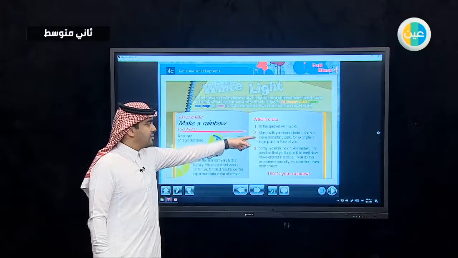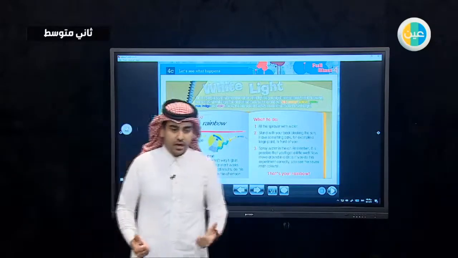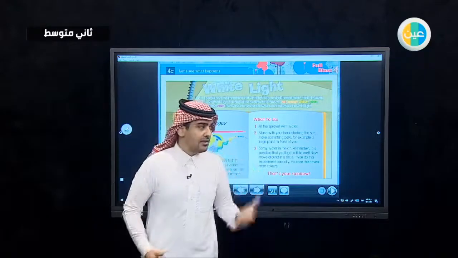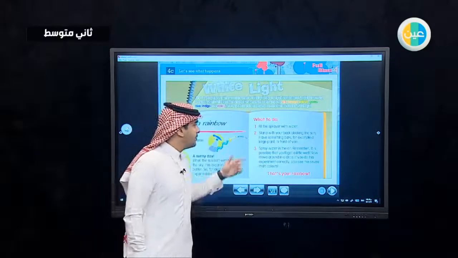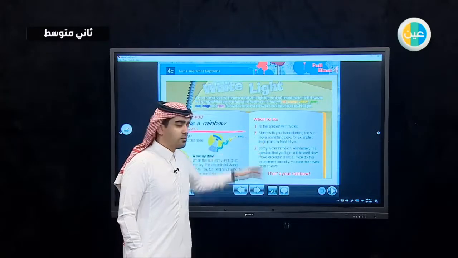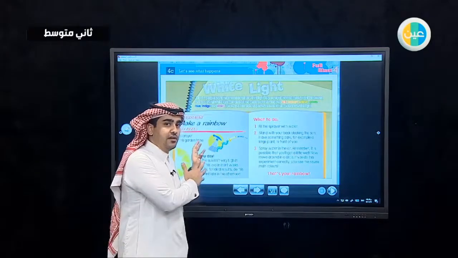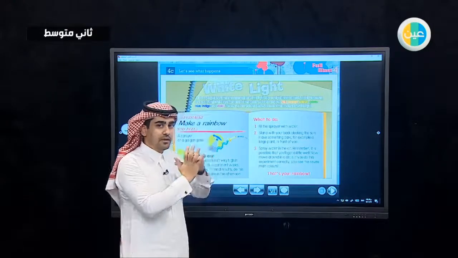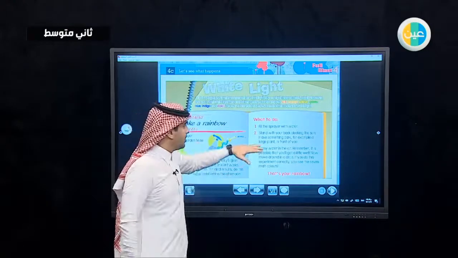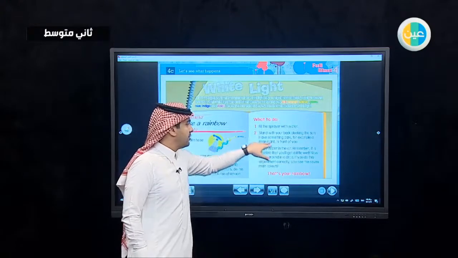The second step is to stand with your back to the sun, and the sun should be behind you. For example, put something to block the sun. Block means to prevent the sunlight from coming. Block, يمنع. For example, a large plant in front of you.